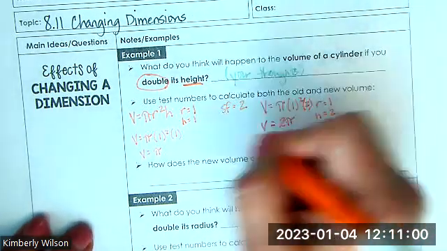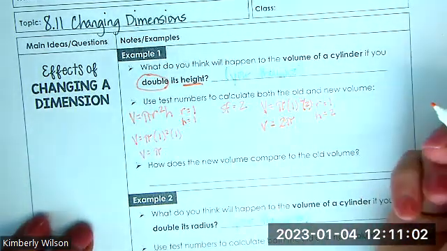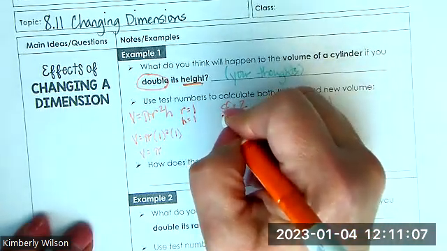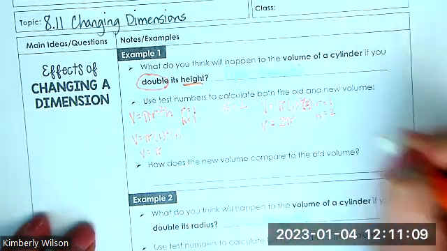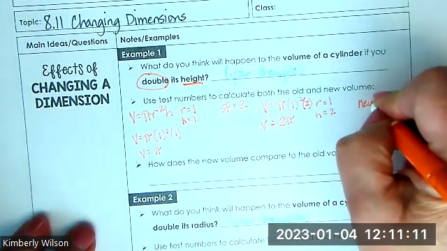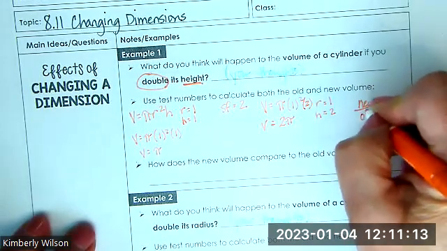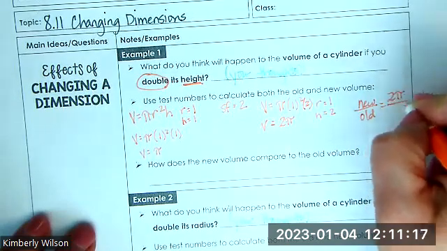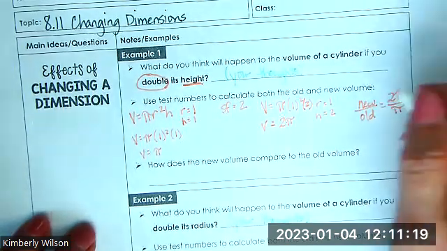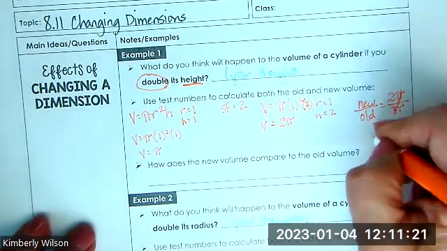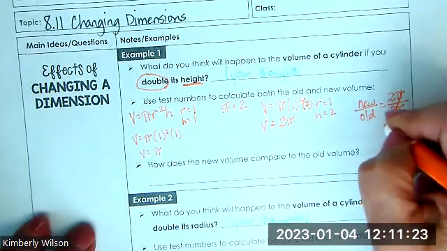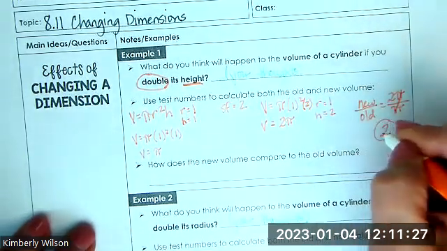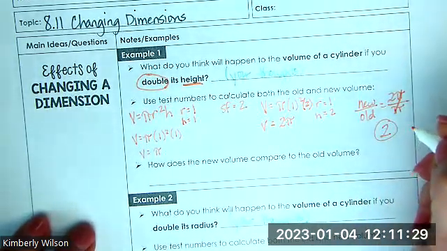To notice what happens between the two of these, you'll see easily that it doubles, but you can also calculate this by doing the new over the old. We have 2 pi over pi. The pi's cancel, and I'm left with 2. This tells me how much it changes.